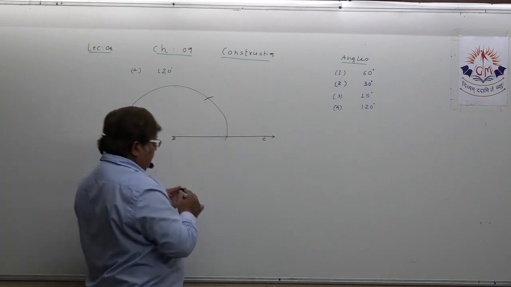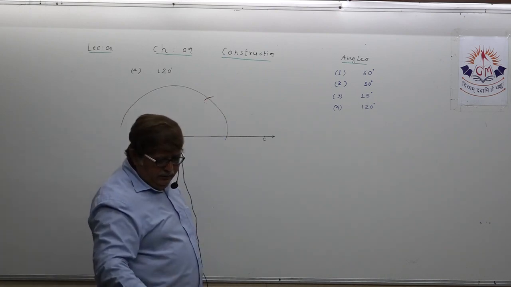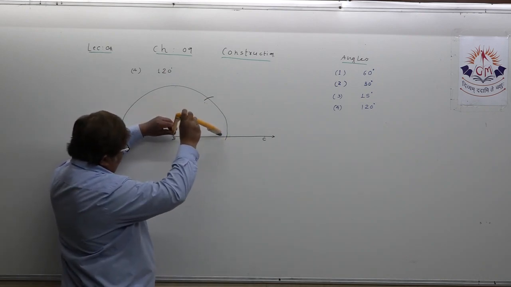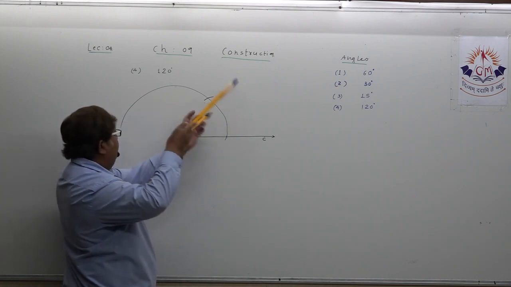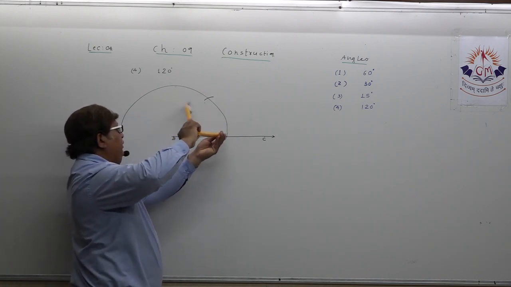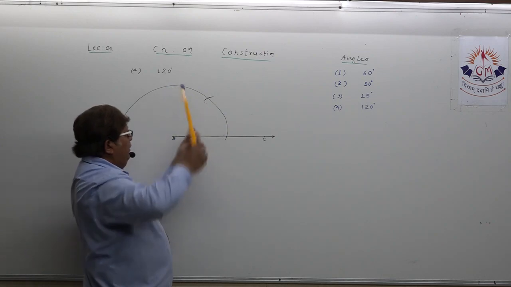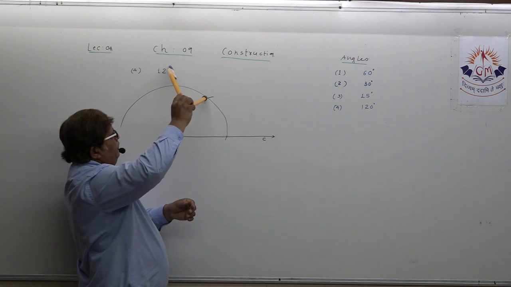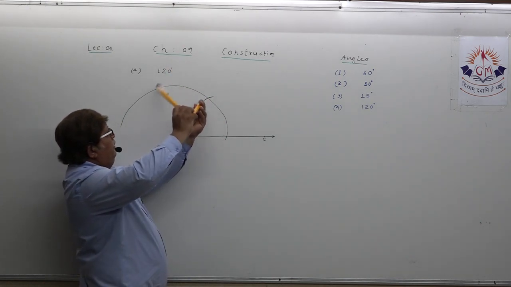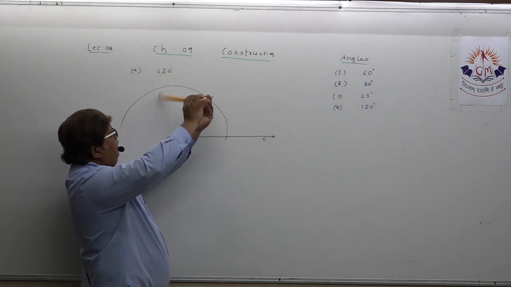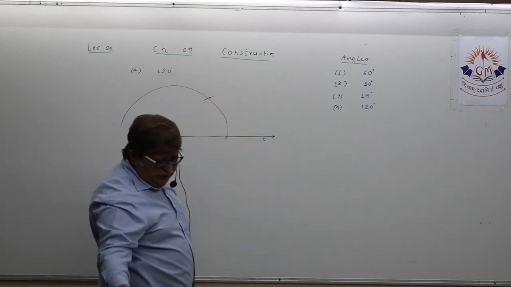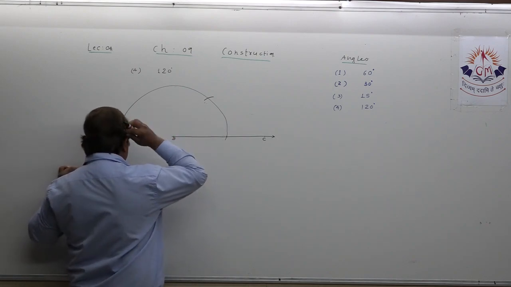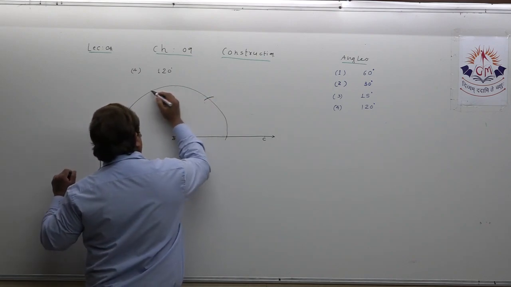Okay. Once the arc has been intersected, same radius, from here cut the arc. Now again, keeping the same radius, center your compass here, and cut this arc. Centering compass here, draw another arc.